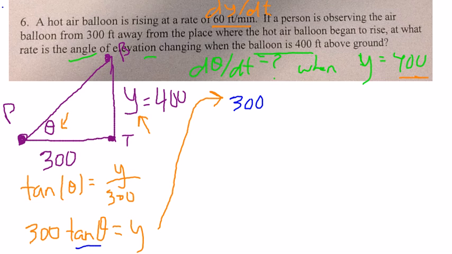This tan theta, when I derive it, I've got a chain rule there. That gives me secant squared theta. And then I have to derive the inside piece, which is just the theta right there. So the derivative of theta with respect to t is times d theta dt. The right hand side is super easy to derive with respect to t, it's just dy dt.